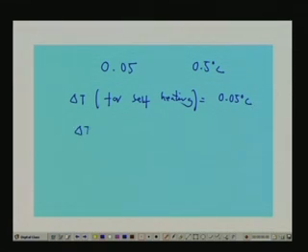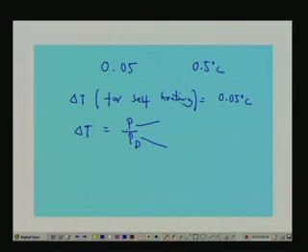Now, delta T we know equals P by PD, where P is the power dissipation in the RTD in watt, and PD is the dissipation constant of the RTD, in watt per degree centigrade.